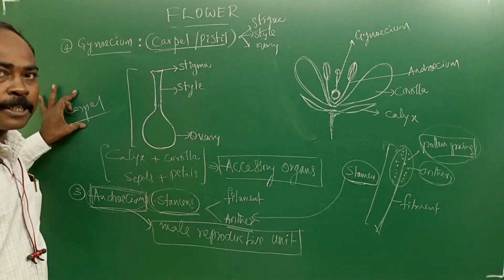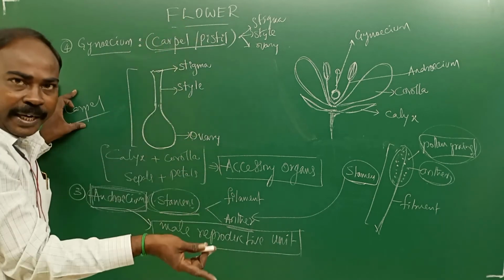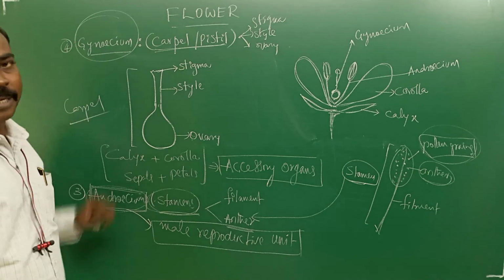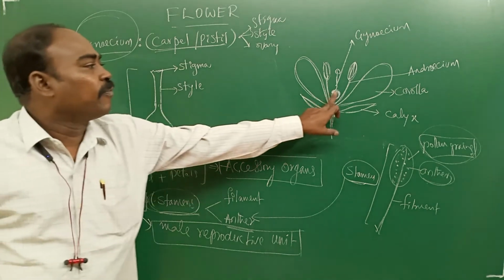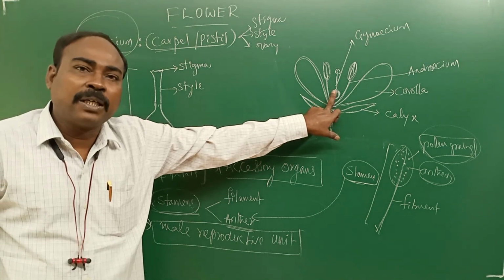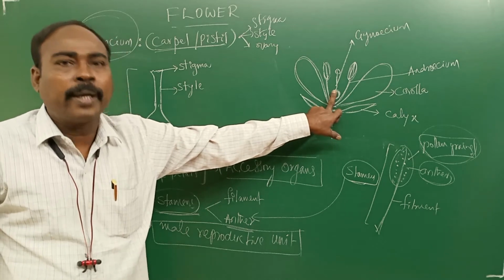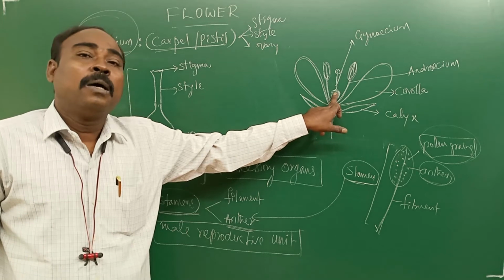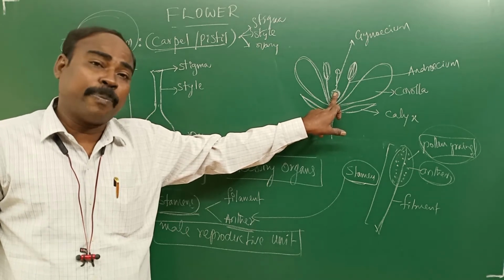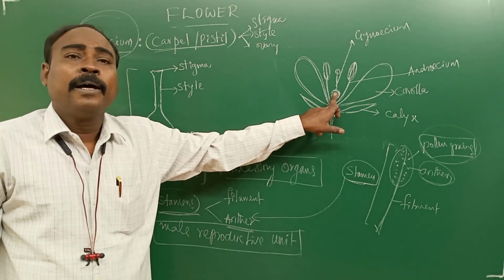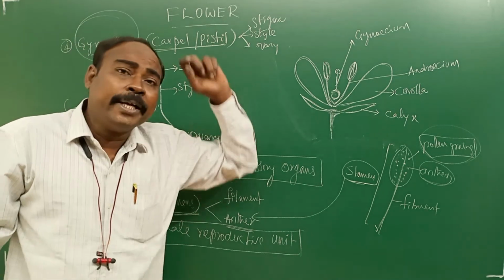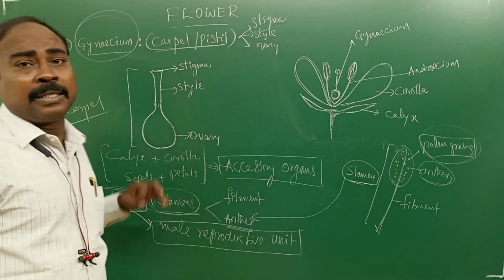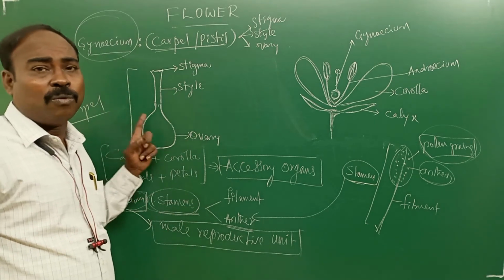Such carpels, united or free, form a whole called the gynoecium. So the gynoecium is the fourth whorl, which develops at the innermost node of the flower and consists of modified leaves called carpels or pistils. Each carpel has three parts: stigma, style, ovary.